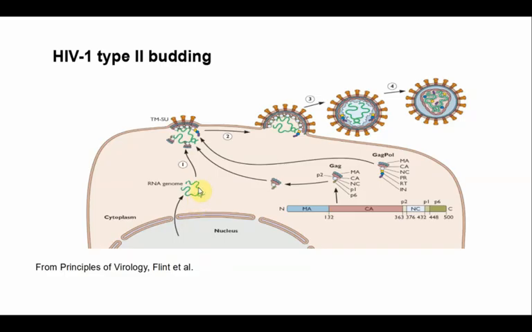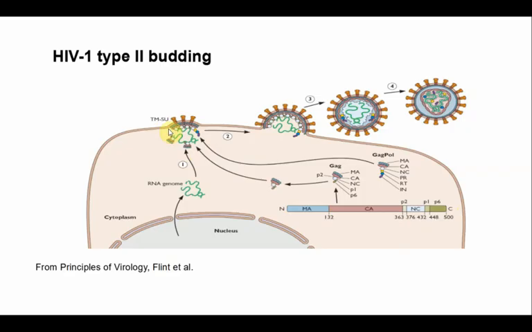With the packaging sequence, they can associate with the nucleocapsid protein here. Okay, so the virus RNA gets associated with GAG or GAG-POL polyproteins. Okay, and then the matrix protein directs these complexes to the internal face of the plasma membrane.